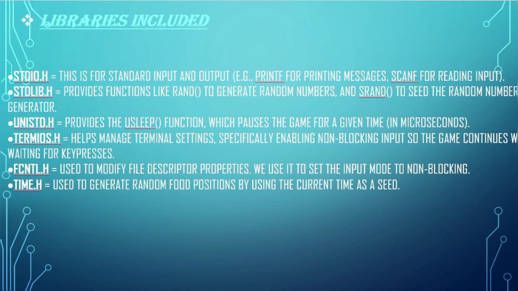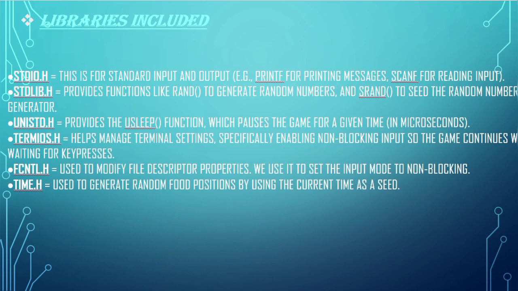Okay, so now let me introduce our libraries, because this is the most important part of any C language program. The first is stdio.h, which as everybody knows is for standard input and output. This is our first library. Then it is stdlib.h.